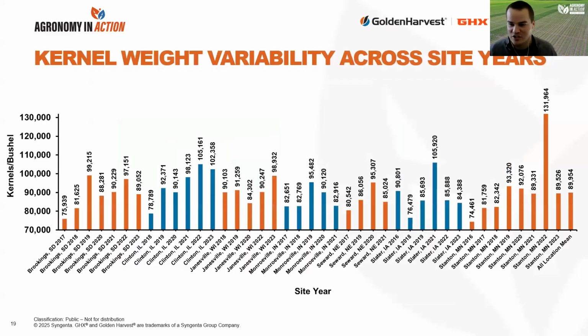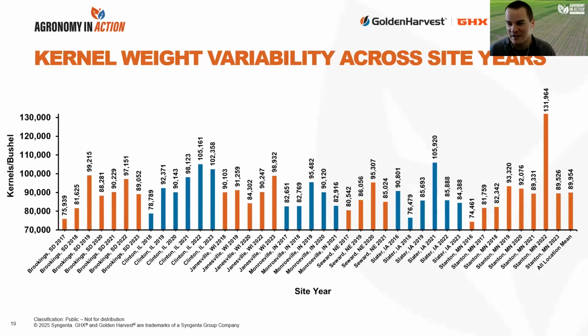Here's another way to show the variability in kernel weight that we've been seeing in these samples. On the bottom are all of the site years, the locations and years we've been pulling samples from. The bars are color coded by location. For example, the first set of orange bars was all in Brookings, South Dakota, just different years. The blue bars were all in Clinton, just different years.